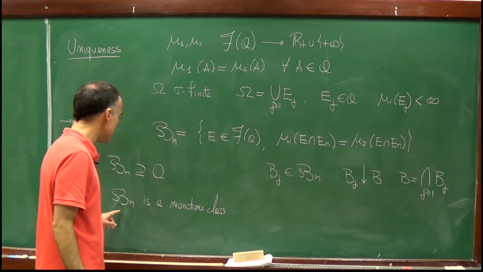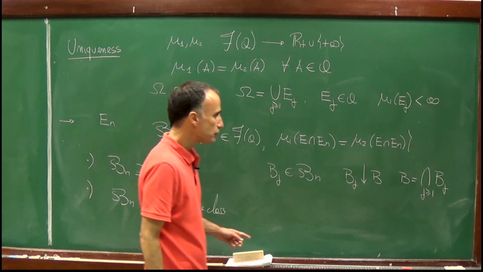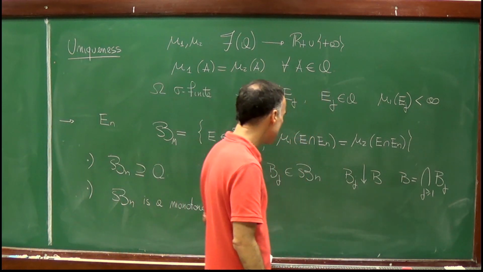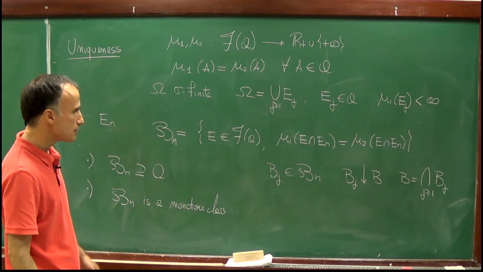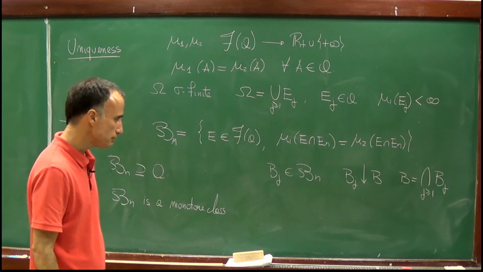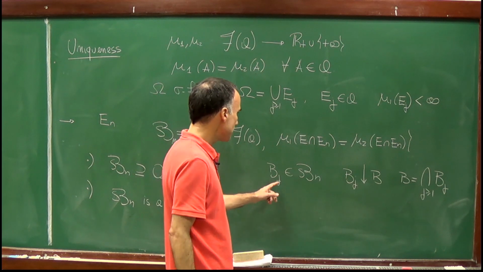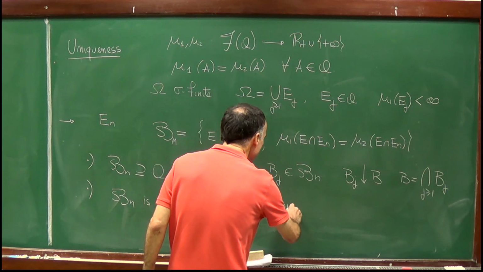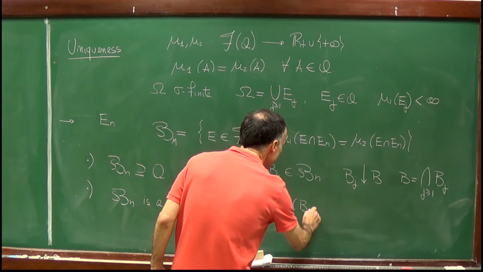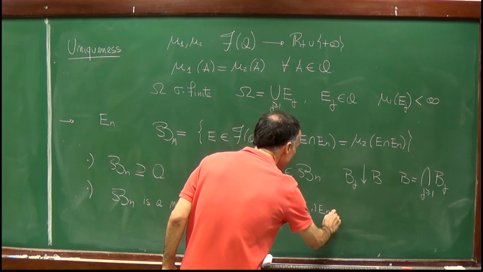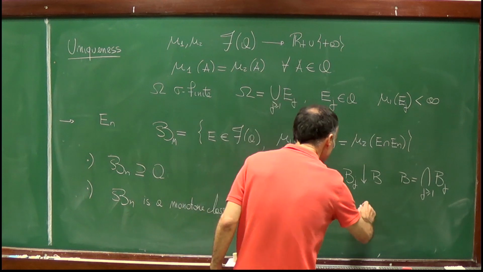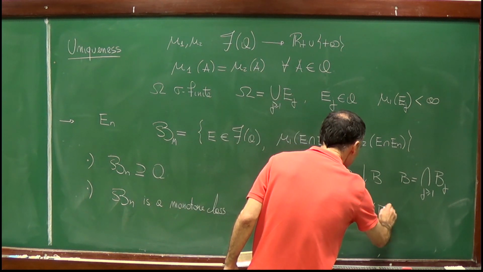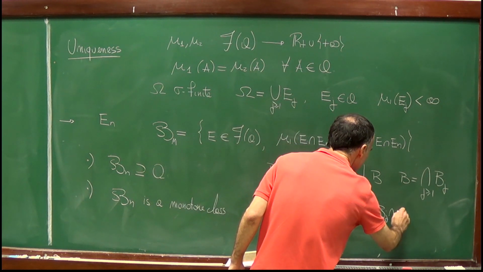And to show that Bn is a monotone class, we have to prove that B belongs to Bn. But again, this is very simple. Well, since Bj belongs to Bn, we know that mu1 of Bj intersection En is equal to mu2 of Bj intersection En.